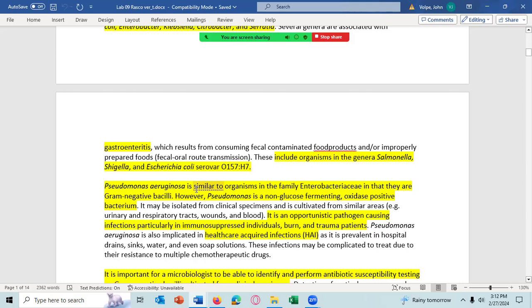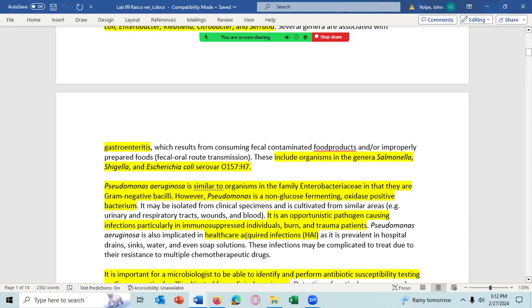So it's called an opportunistic pathogen because it can cause infections, especially in immunosuppressed individuals, burn patients, and trauma patients. Well, immunosuppressed individuals don't have much of an immune system, which is why Pseudomonas aeruginosa can infect them and then grow in them. They don't have much of an immune system to resist it.